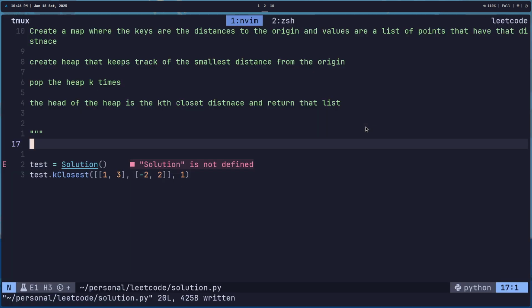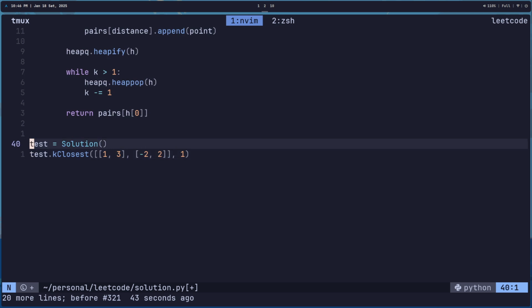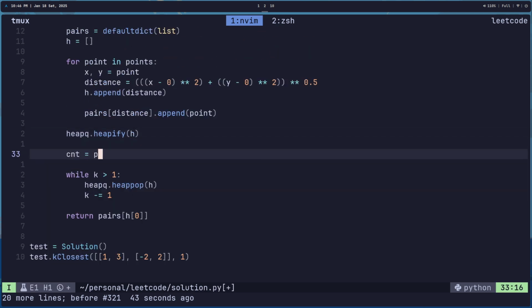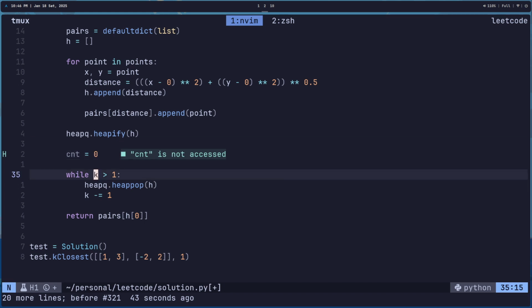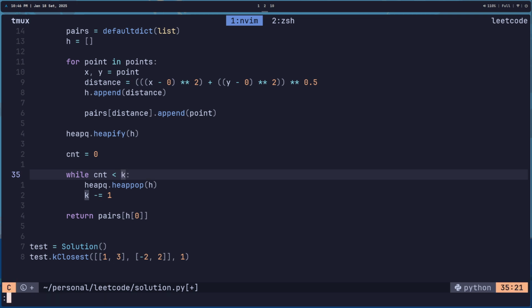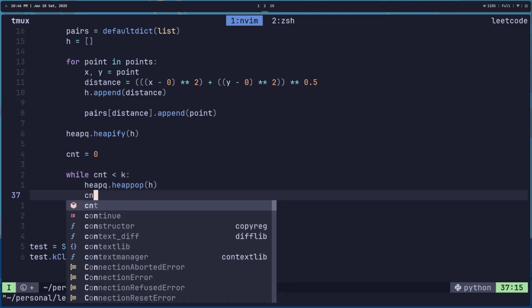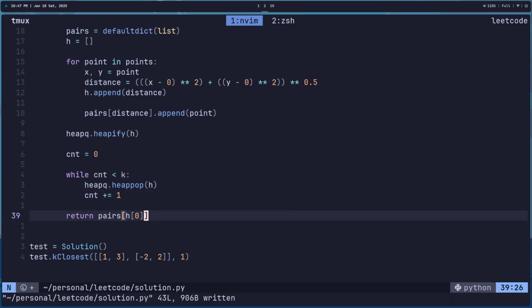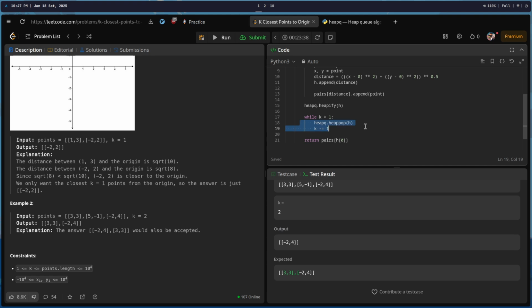Or would this be wrong to do this? Count, and just update while count less than K. Is that the same?